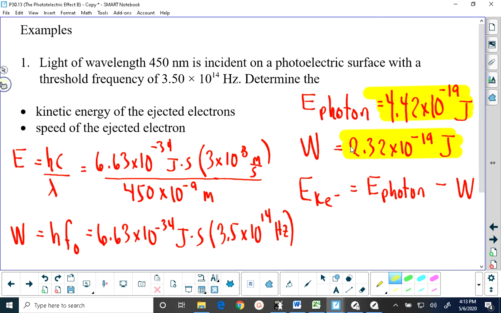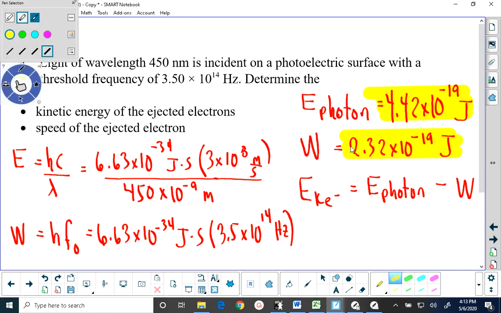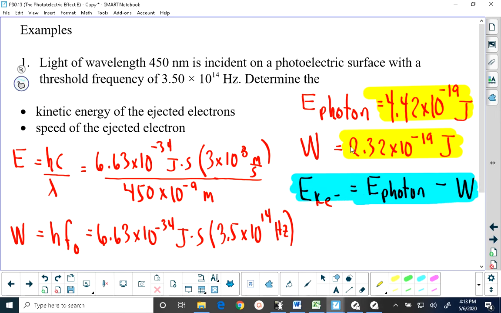I know that I do have a formula written down here. Kinetic energy of the electron is E of the photon minus the work function, but that's not a formula that you would find on your formula sheet. What that is, is an application of the law of conservation of energy.